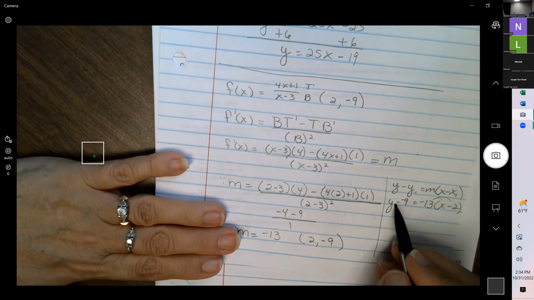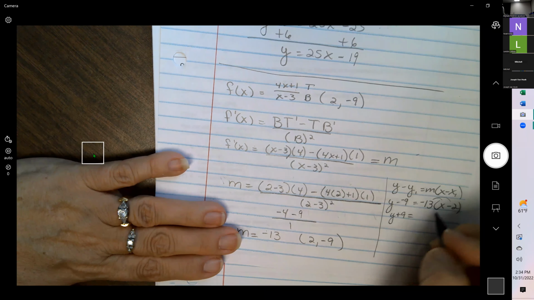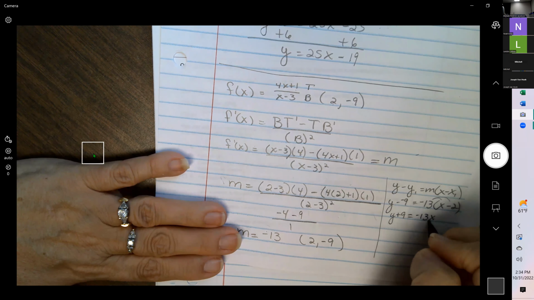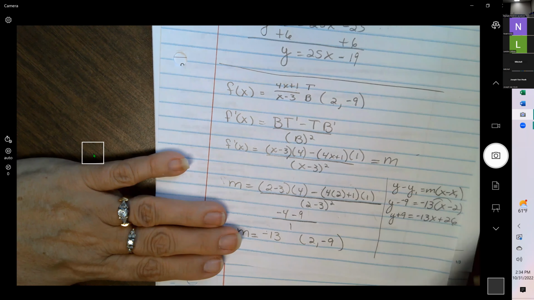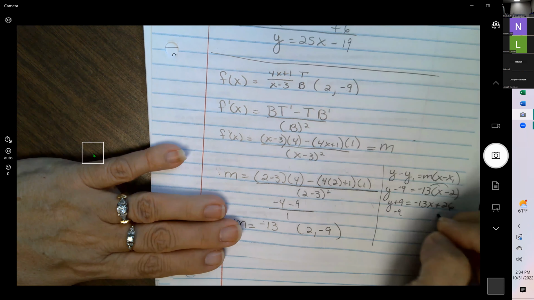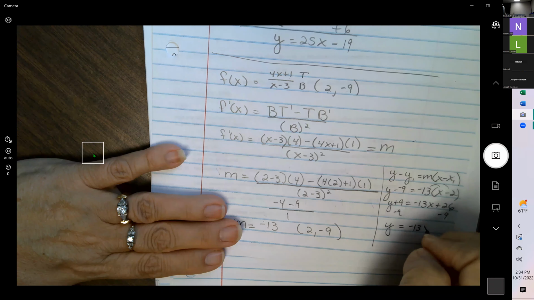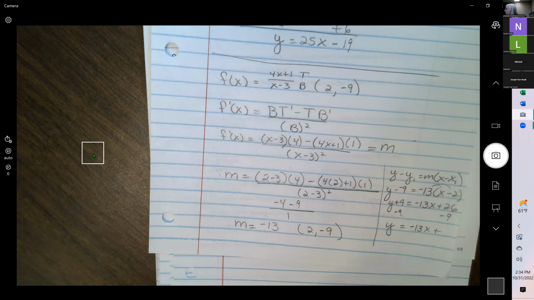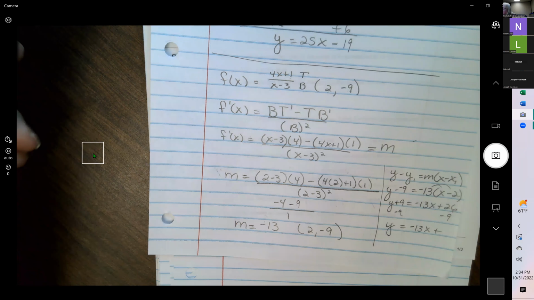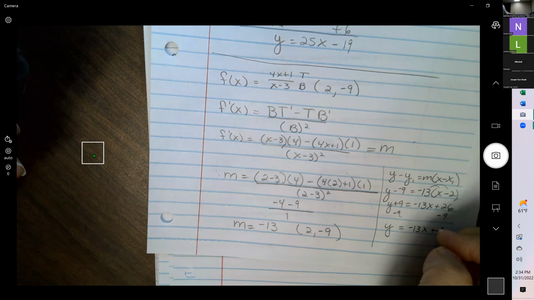A negative and negative makes this y plus 9 equals negative 13x plus 26, distributing the negative 13. Subtract the 9. Negative 13x plus 17.